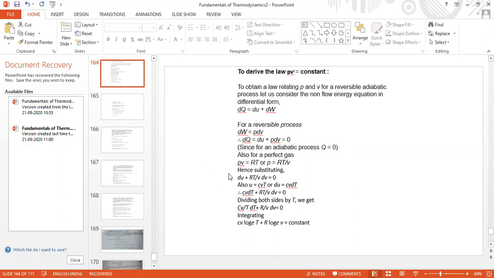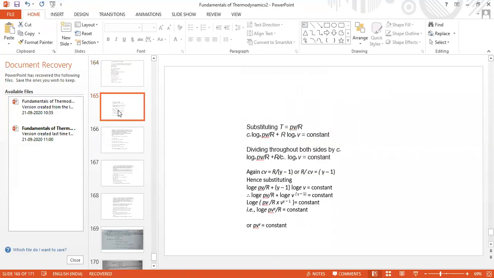With that, we could derive PV^gamma equal to constant, which is a mathematical equation applicable for reversible adiabatic process. And of course, the term adiabatic implies no heat transfer. And with that substitution, we arrived at it.